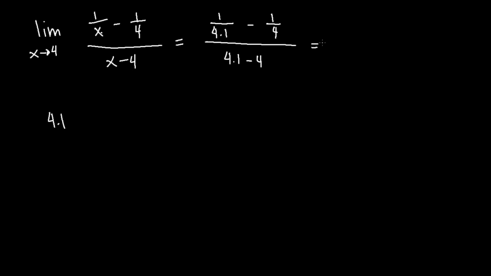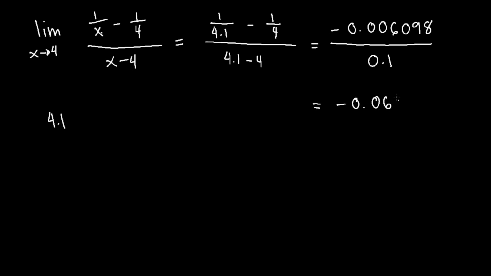So if you plug this directly into the calculator, your numerator is equal to negative 0.006098 over your denominator, 4.1 minus 4, which is 0.1. So when you divide the two, the result is negative 0.0609756.